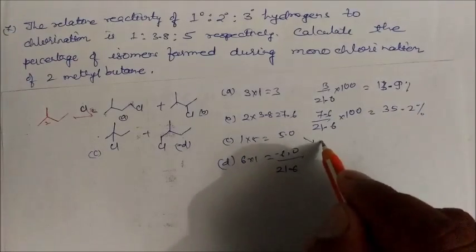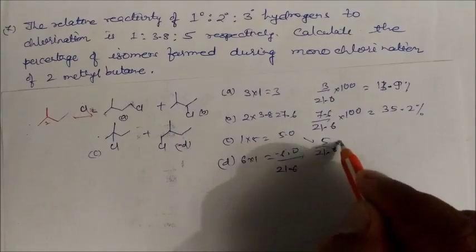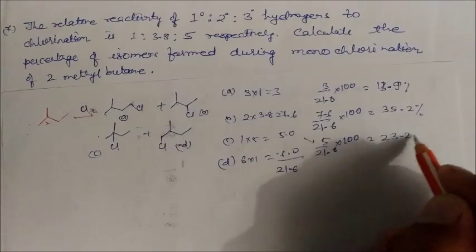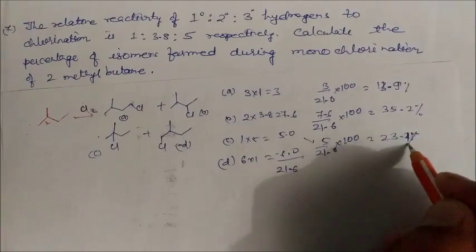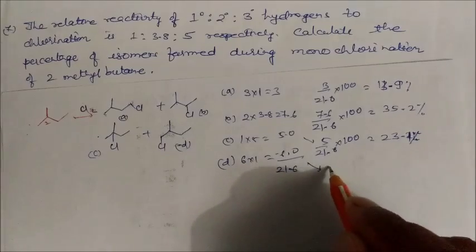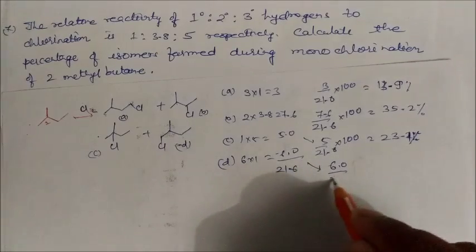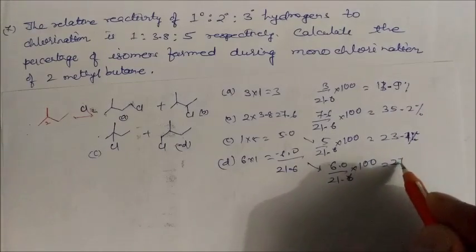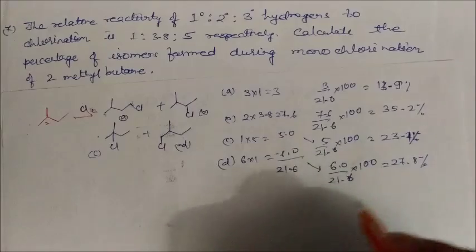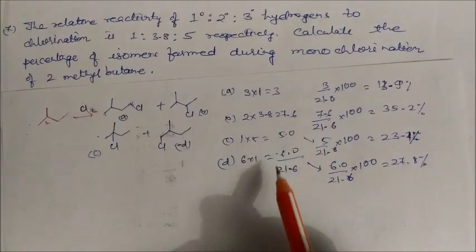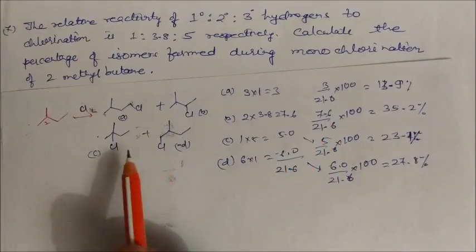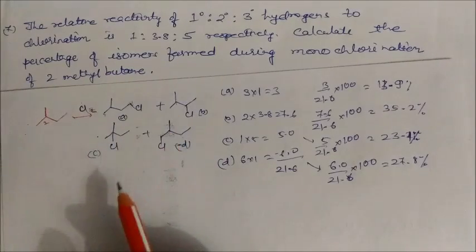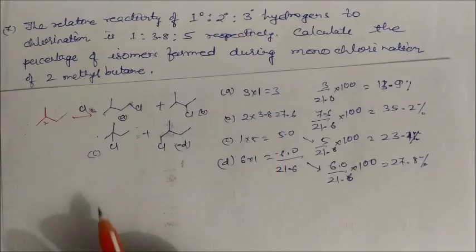And for this one, 5 divided by 21.6 multiplied by 100, so you will get 23.1%. And in this case, it will be 6 divided by 21.6 multiplied by 100, and you will get 27.8%. So this is the percentage of the respective primary, secondary, and tertiary haloalkane when 2-methyl butane reacts with chlorine. This is the percentage of isomers formed during the monochlorination of 2-methyl butane.